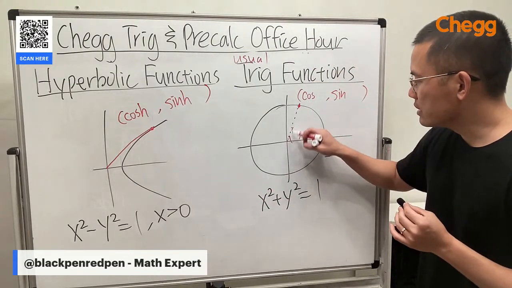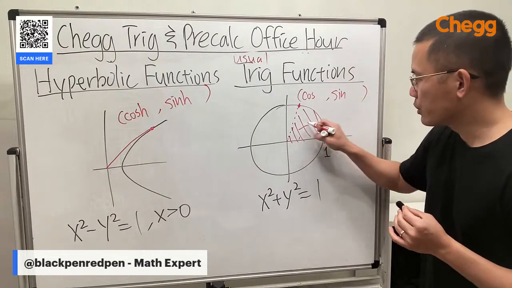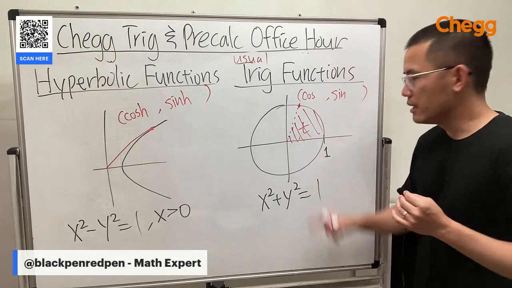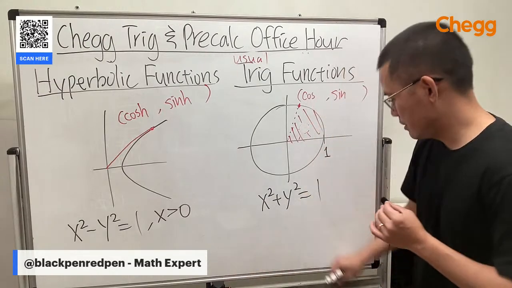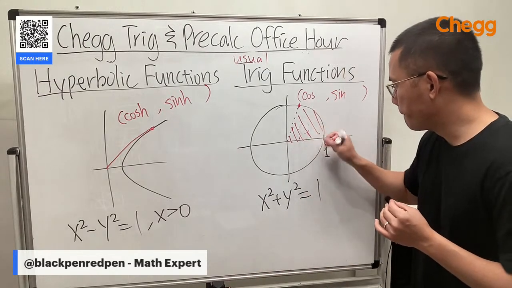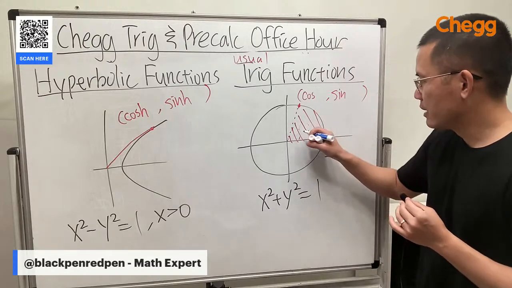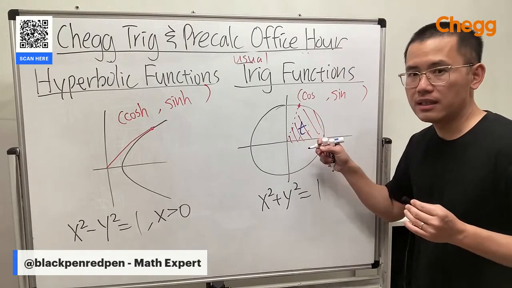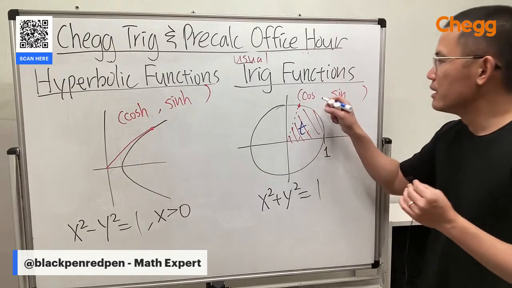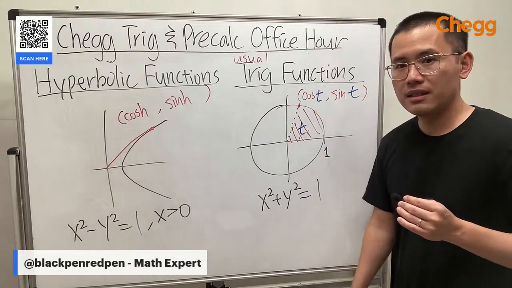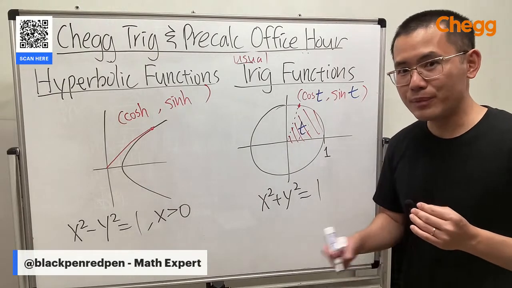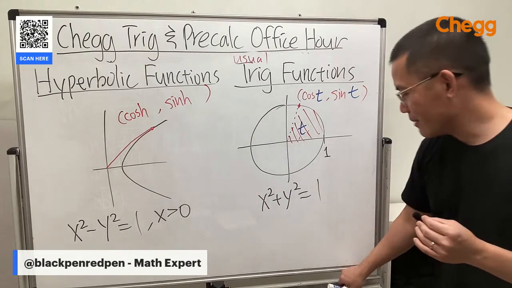I'm going to consider this amount of area. I'm going to call that t, and make it blue to make it stand out. This is the area, t. Guess what? cosh t, sinh t. Well, almost. I'm going to show you guys.